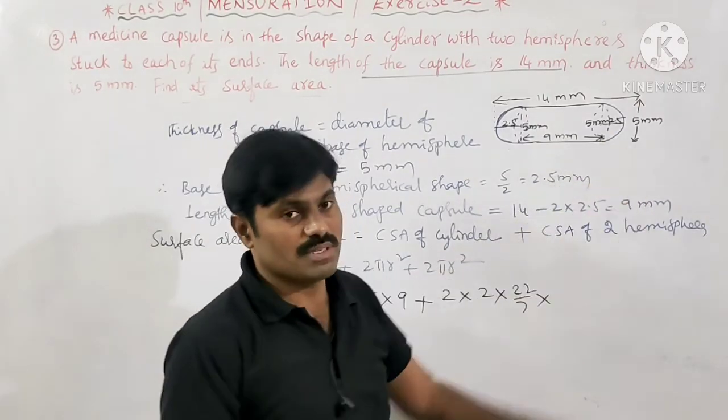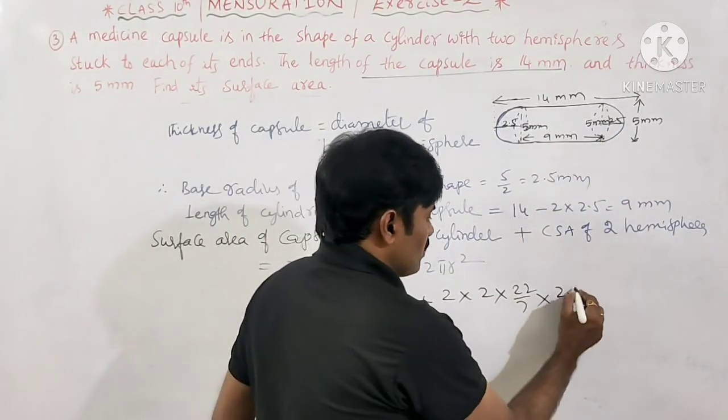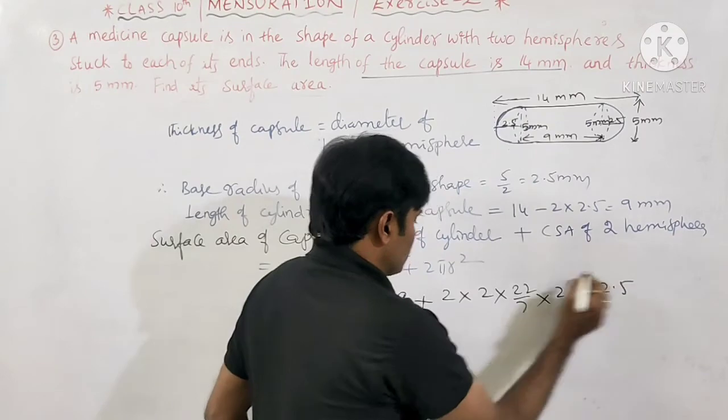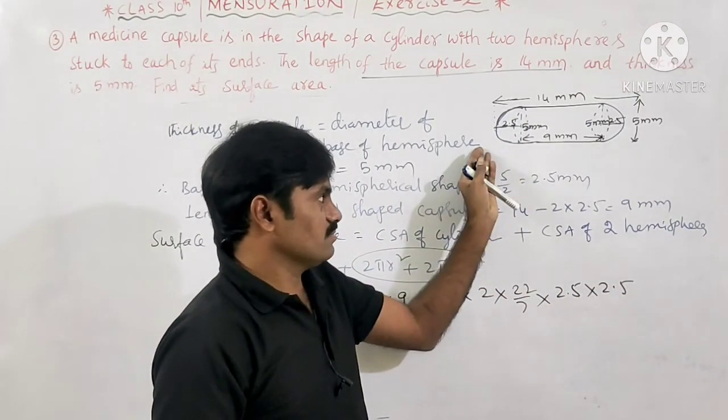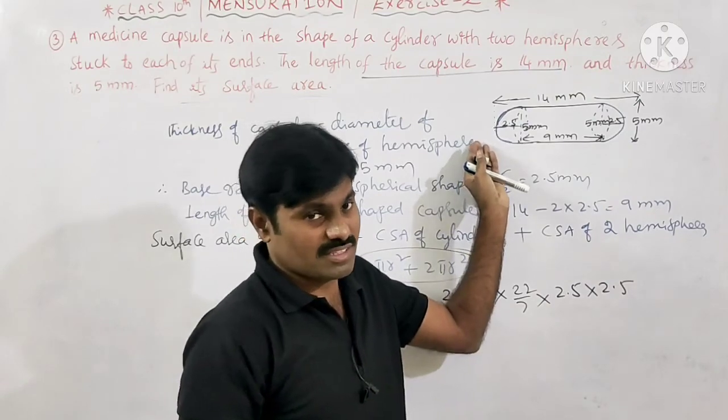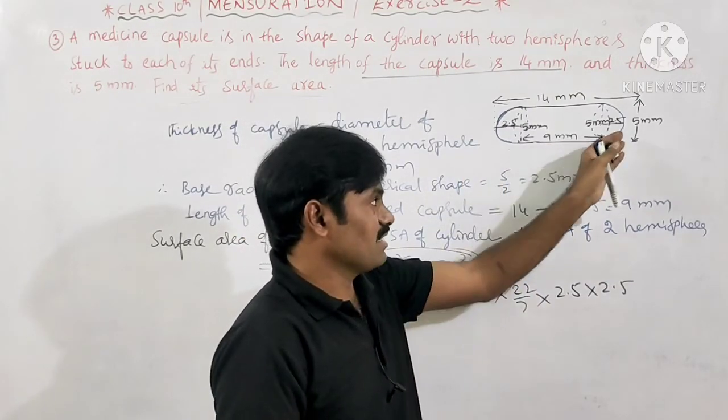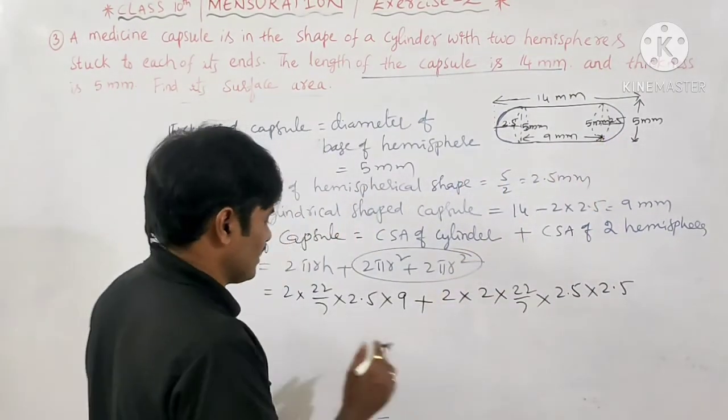In the case of the hemisphere also the radius is 2.5 itself. Here I wrote 2 times because the left hand side hemispherical shape is stuck with the cylinder, and the right hand side is also the same.